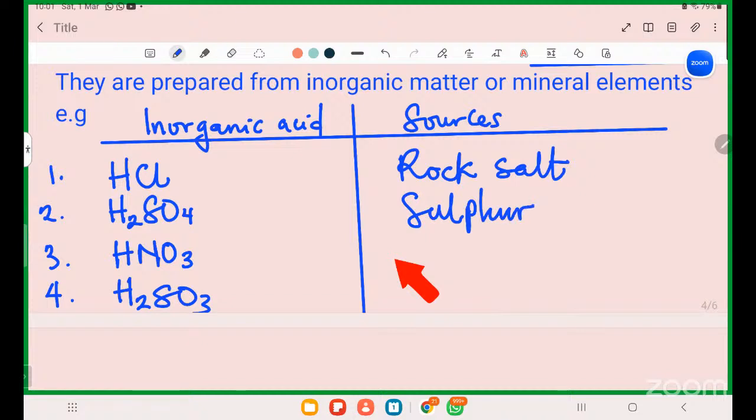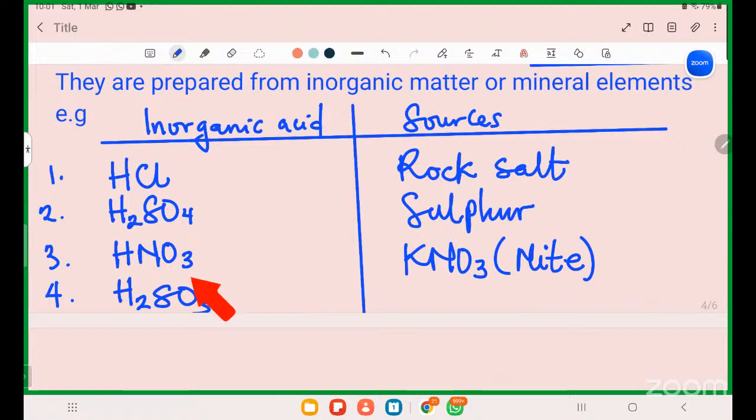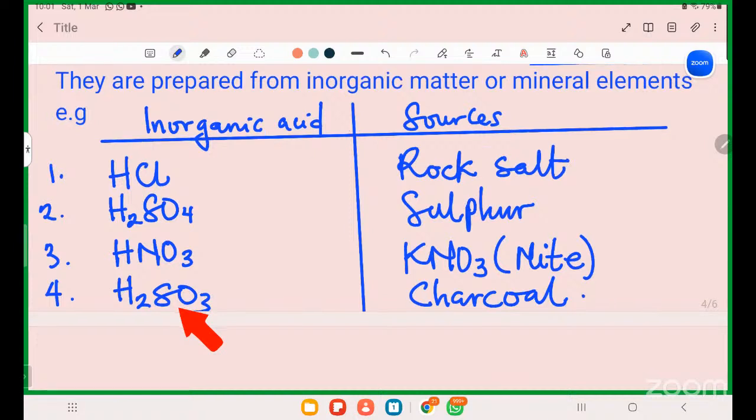Then nitric acid, you can get it from potassium nitrate, popularly known as nitre. That is its source. Then the source of this other acid is charcoal. Okay, charcoal, that is its own source of acid.